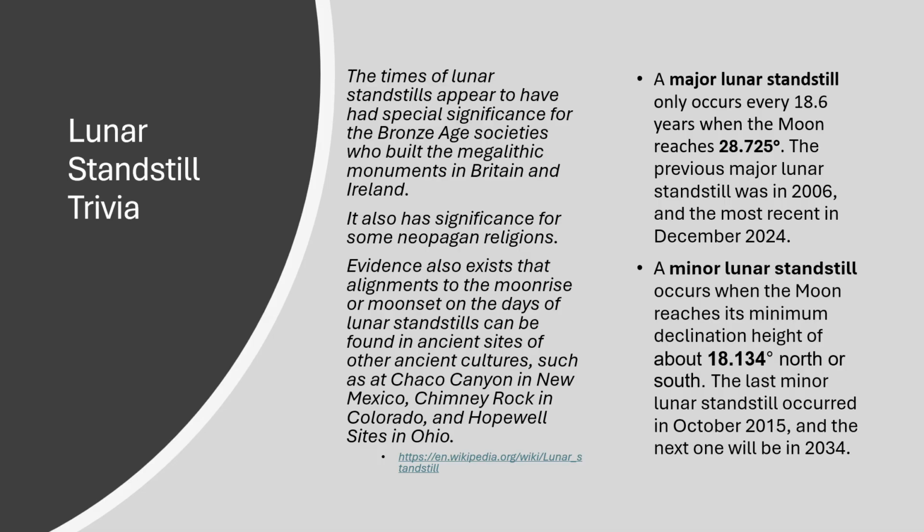And then a minor lunar standstill occurs when the moon reaches its minimum declination, that lower position that happens for around 9.5 years, but the lowest point it gets between when it's getting lower and lower and then starts getting higher and higher again. And that's about 18 degrees north or south.